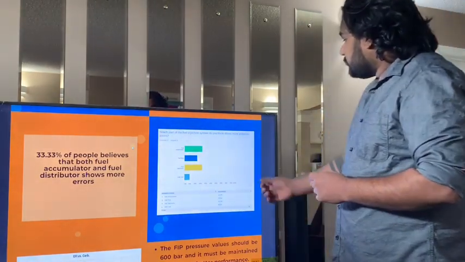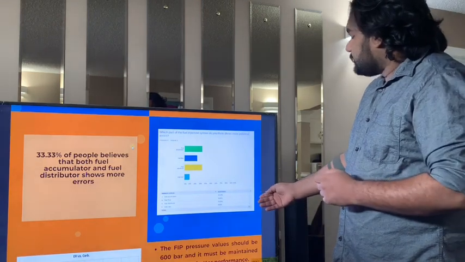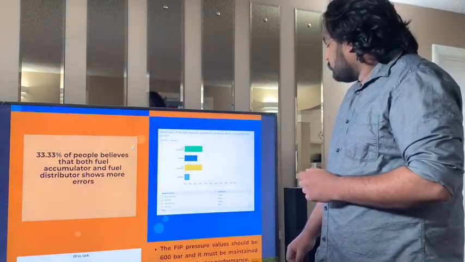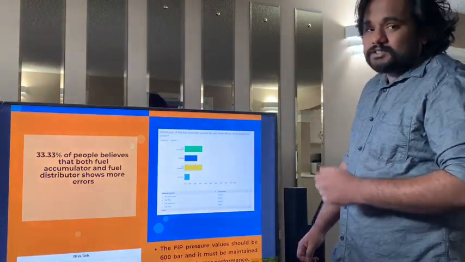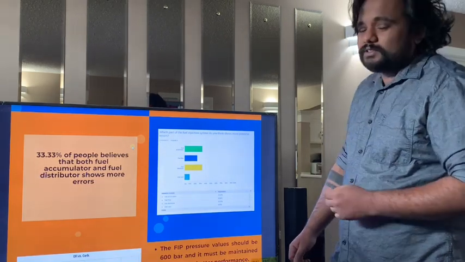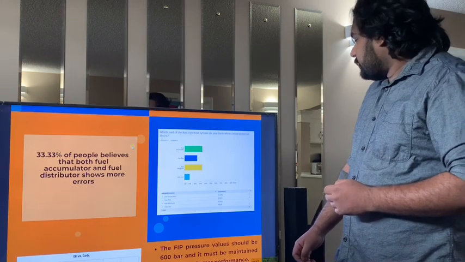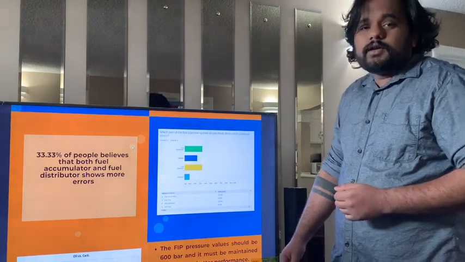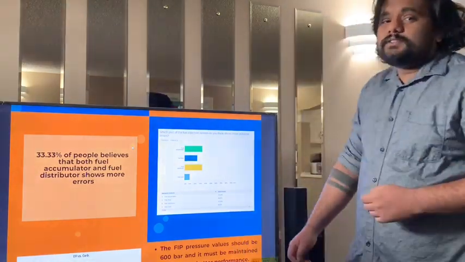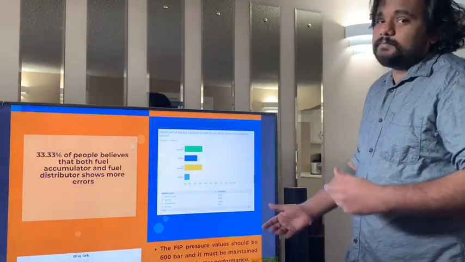Next came the fuel filter at 23.81%, and the inlet tract was the lowest at 9.52%. So the fuel accumulator and fuel distributor are the main components that show potential errors from the people's point of view.